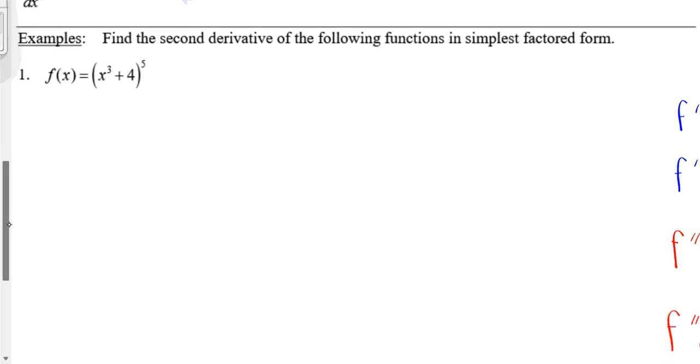And you know how to find a derivative, so find the first derivative and the second derivative for this function.